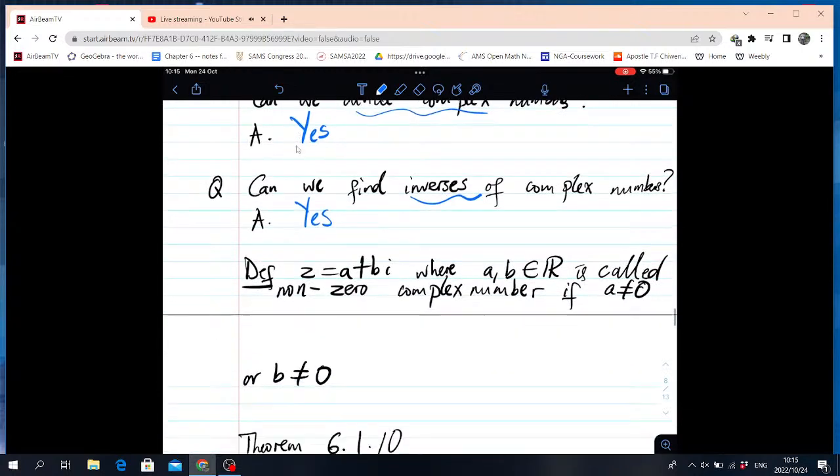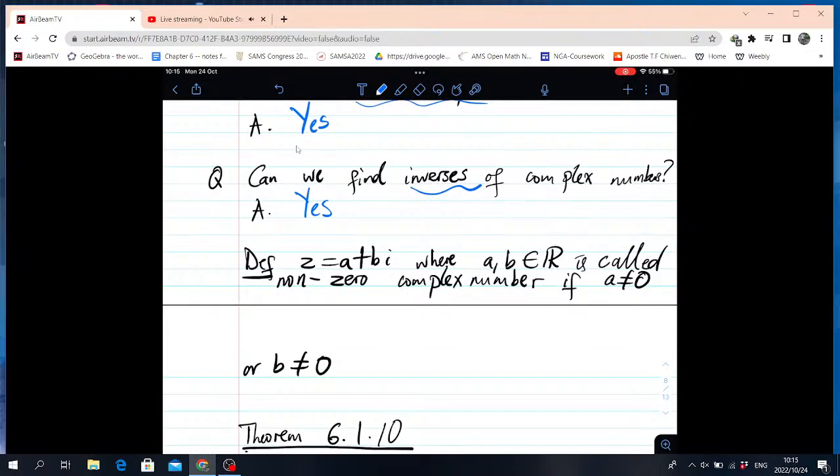We know what non-zero real numbers look like, but what are non-zero complex numbers? This leads us to the next definition. If you've got a complex number z, which is a plus bi, where a and b are real, then we say z is a non-zero complex number if either the real part or the imaginary part is not equal to zero. If both of them are zero, then we have a zero complex number. But if either of them is not equal to zero, then we have what we call a non-zero complex number.